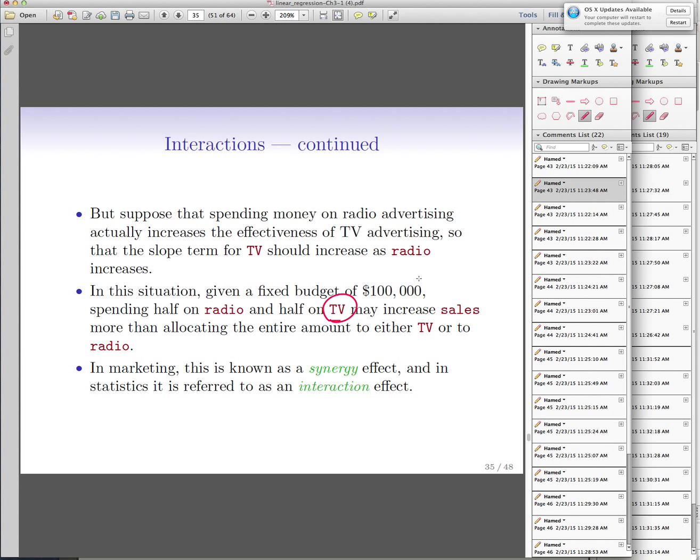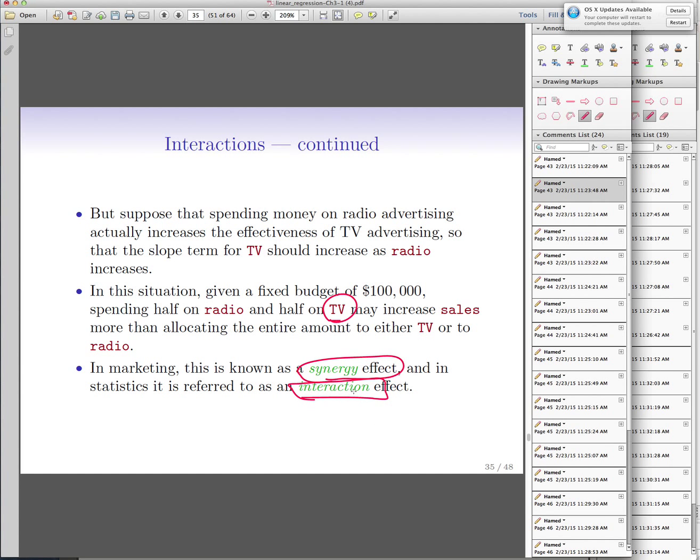So maybe the TV ads are more effective if we have some sort of radio ads as well, and vice versa. They're not as effective on their own. This is called the synergy effect in marketing specifically, and in statistics, we refer to that as interaction effect.